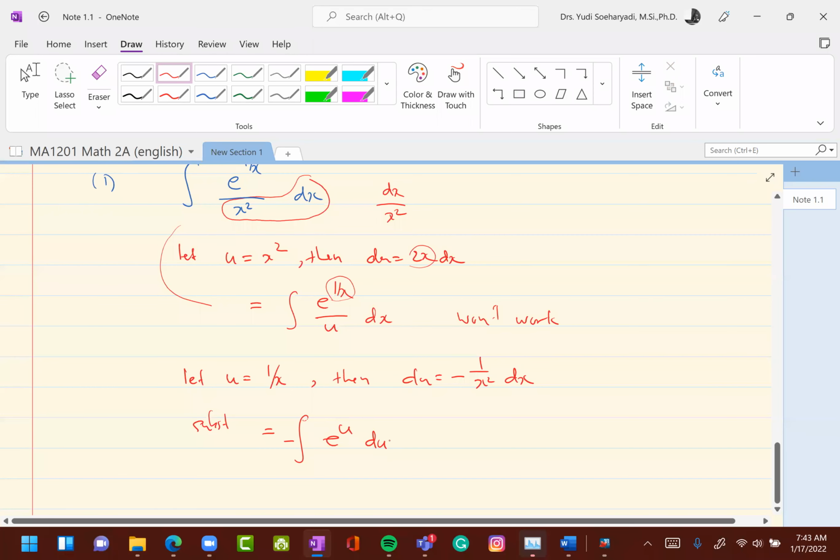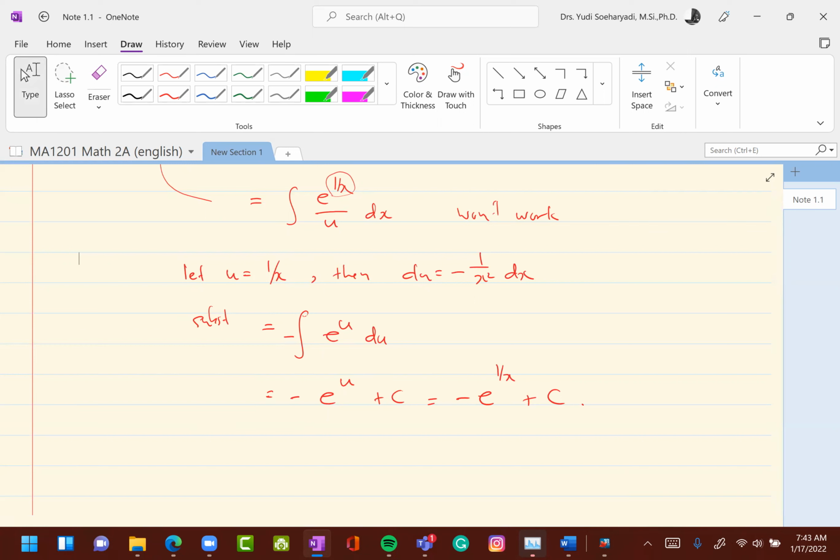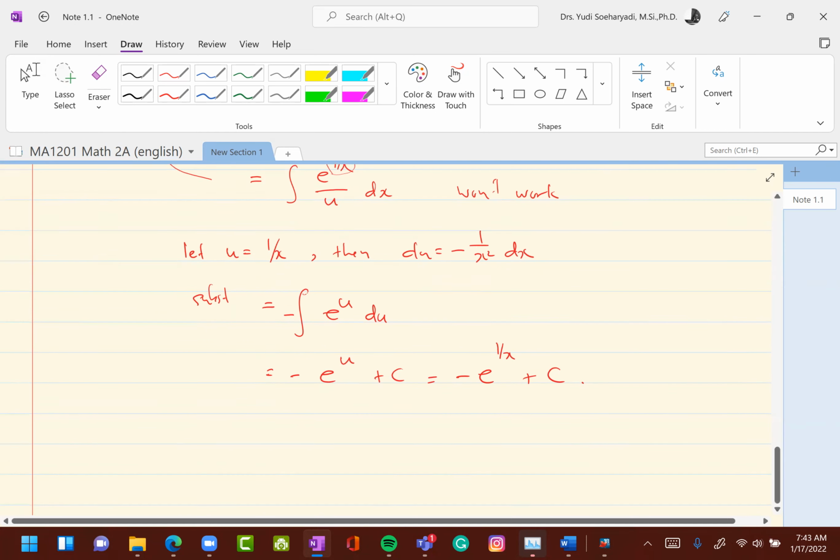Now it's easy to solve: negative e to the u plus c, then e to the 1 over x. So here's the idea: to be able to recognize what u is.